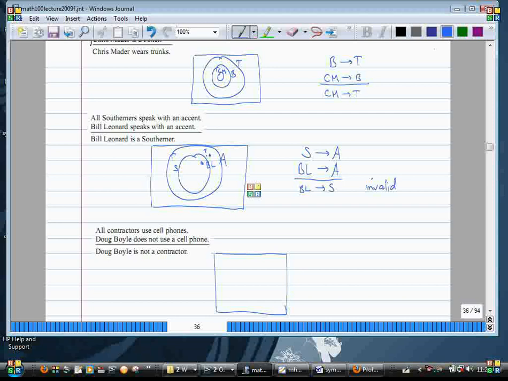If C, then I'm going to use, let's see, contractors. I'm going to use C and CP. So contractor then uses a cell phone. Okay. Next.